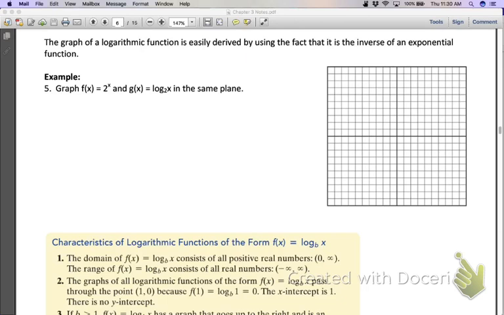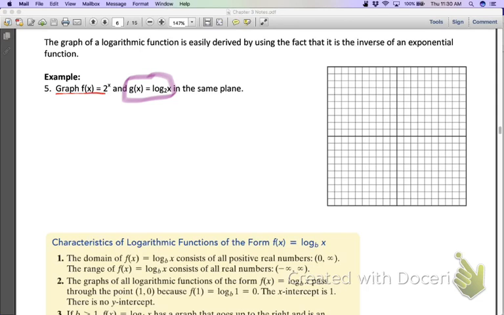Now I'm going to go ahead and talk about graphing. Whenever we graph a logarithmic function, it's the inverse of an exponential. So remember, whenever we had an exponential, we had 4 things that we had to find. We had to find the y-intercept, the asymptote, and domain and range.